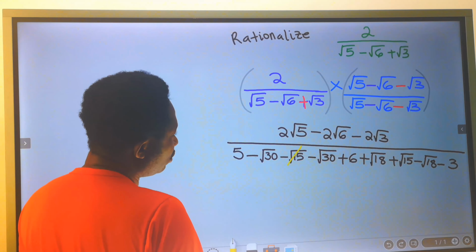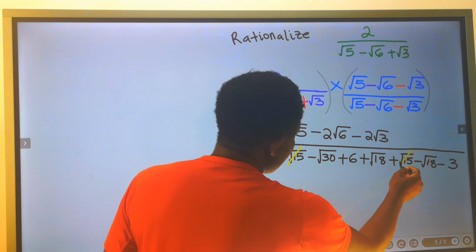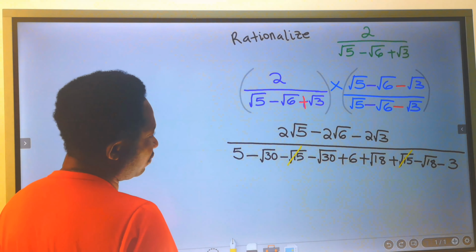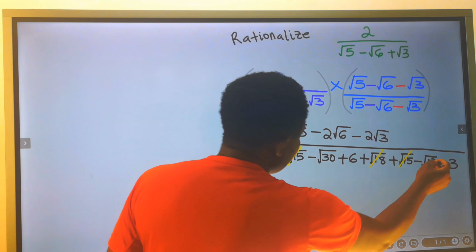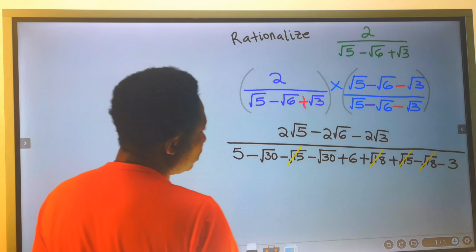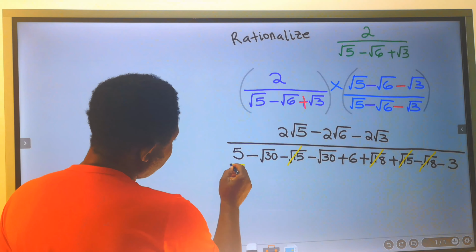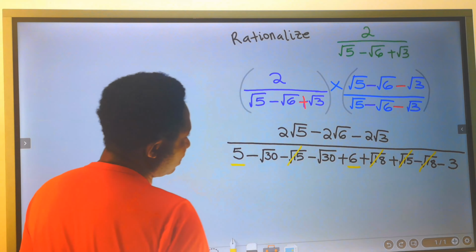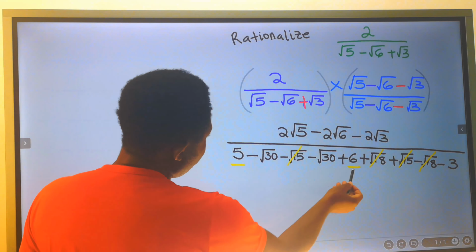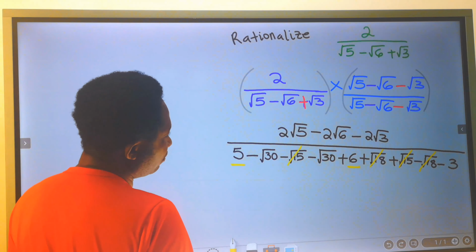Next, minus the square root of 15 will take away plus the square root of 15. Also, the square root of 18 will cancel minus the square root of 18. This is a constant 5. This is a constant 6. 5 plus 6 will give you 11.